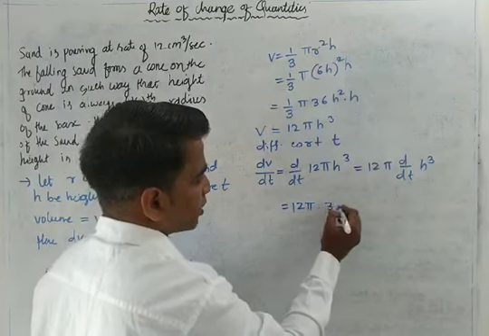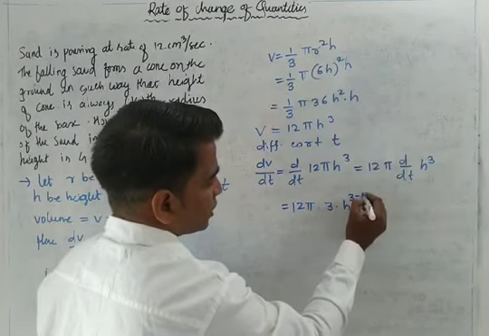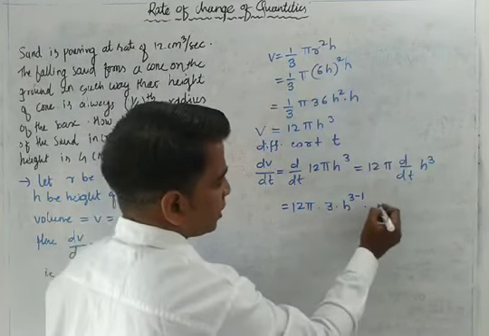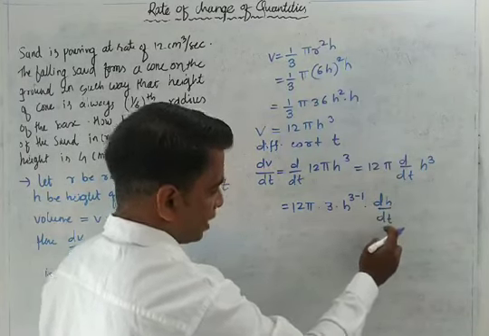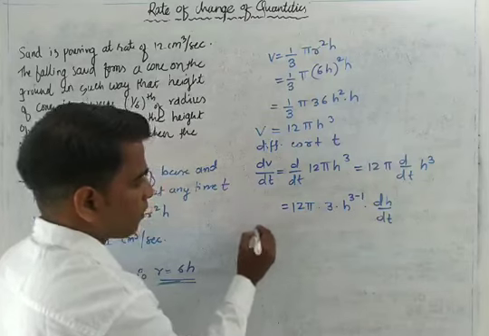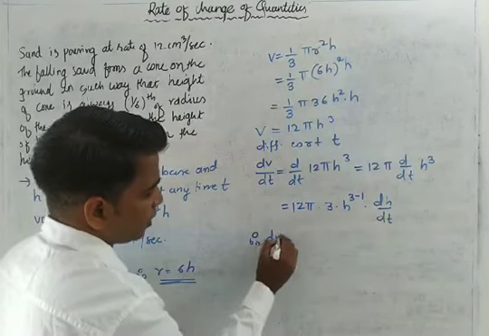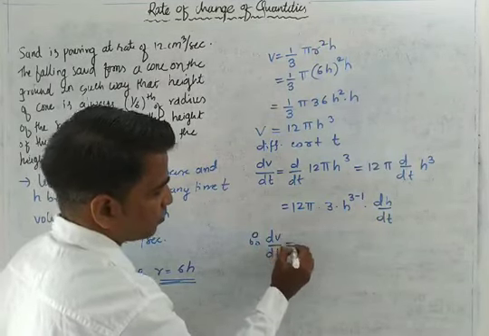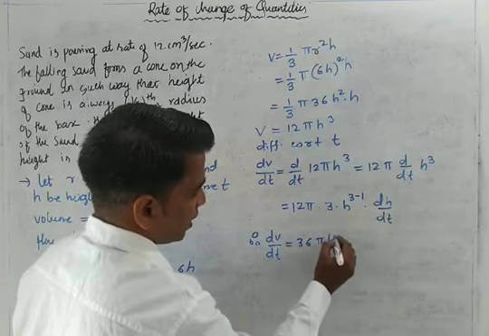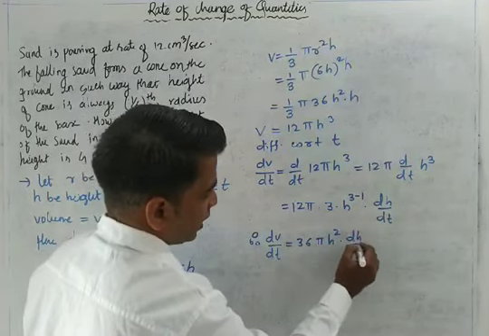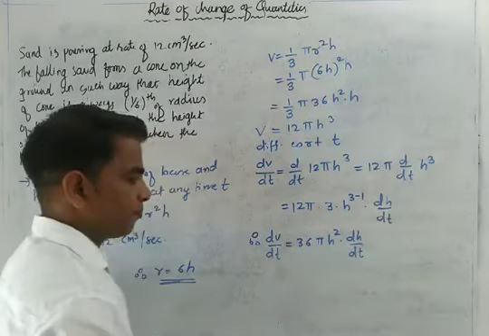With respect to that formula, 3 into h raised to 3 minus 1 into dh by dt, that is the rate of change in height with respect to time. Therefore dV by dt is equal to 12 threes are 36 pi h square into dh by dt.